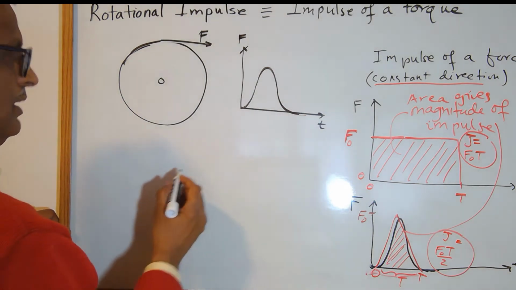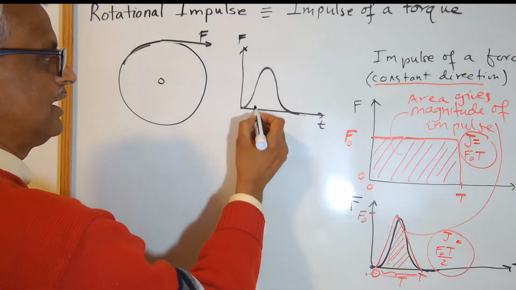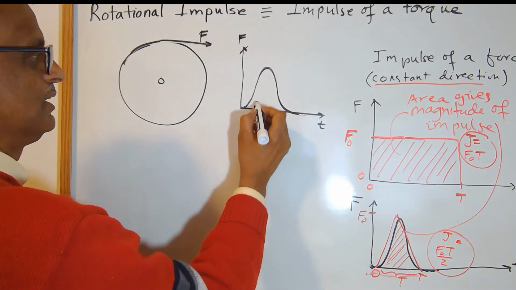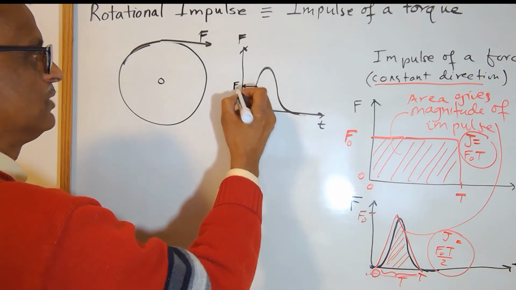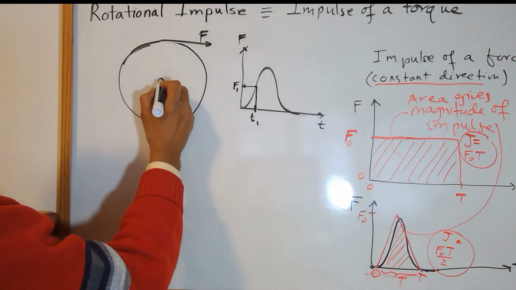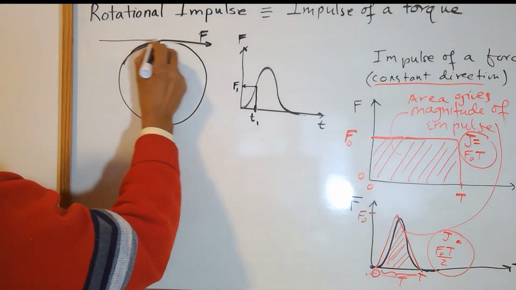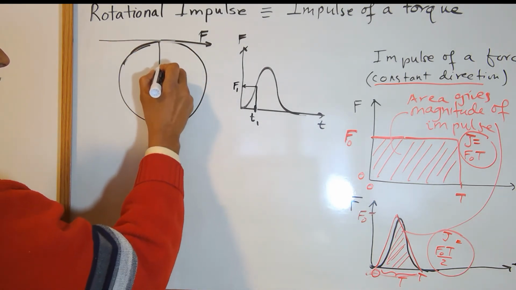Well, if you pick any time t1 here, at that time the force magnitude is F1, and you have a radius.